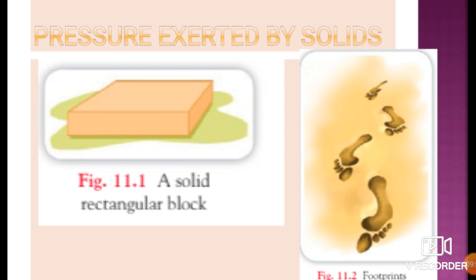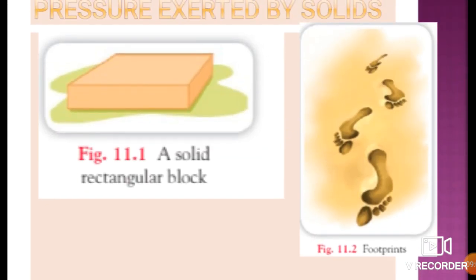Now here is the second example, which is regarding footprints. You must have seen your footprints when you walk through sand or on a wet soft surface. What will you observe there, students? The footprints are the impressions created by the feet when they press on that surface.